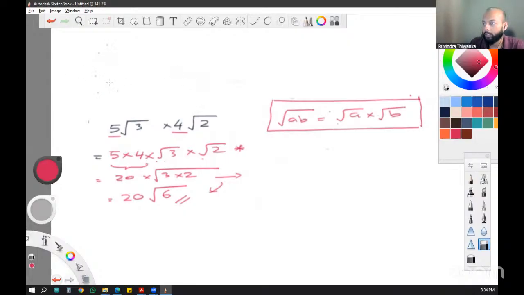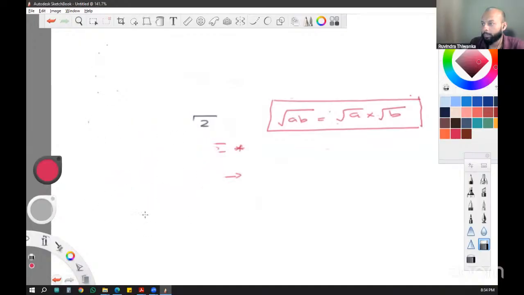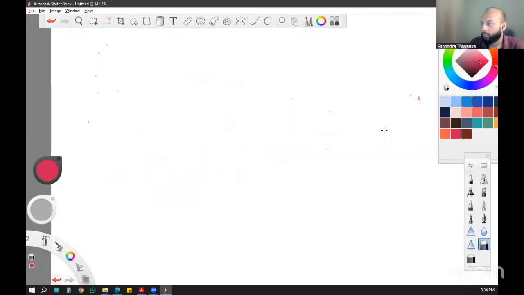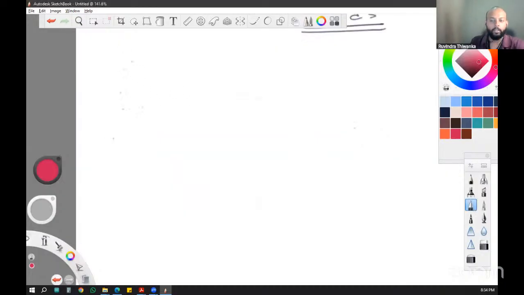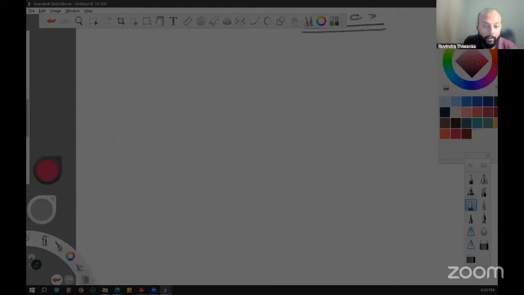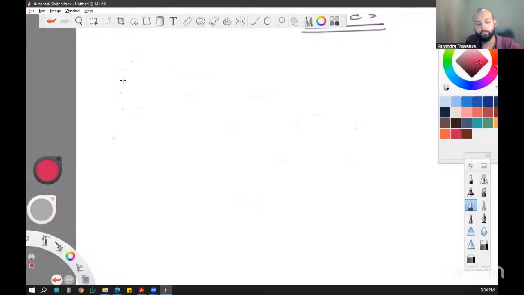Okay. Now we are going to learn about another example. So in this example, previously we multiplied it. Now we are going to divide. Let's see.